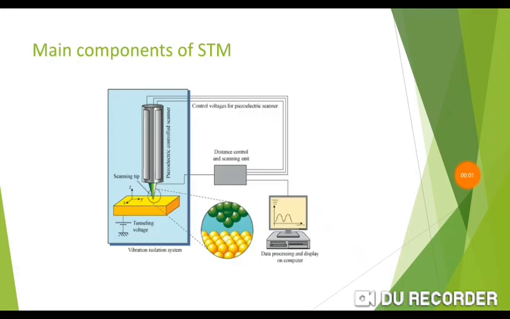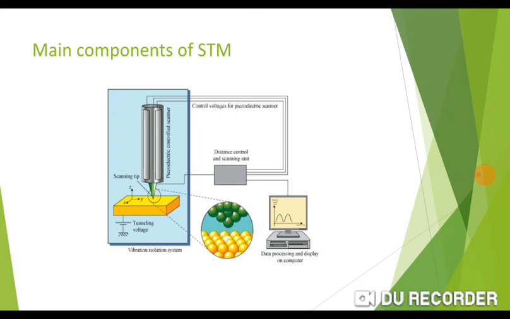Scanning tunneling microscopes have mainly five necessary components. These components are a metal tip, or we can say a scanning tip, then a piezoelectric scanner or control system, then a current amplifier, or we can say control voltages for the piezoelectric scanner.